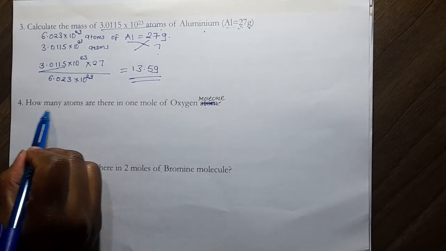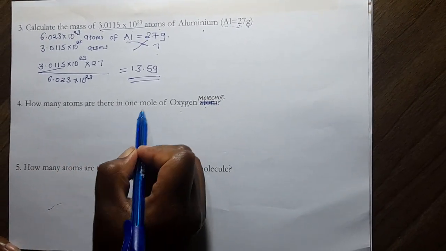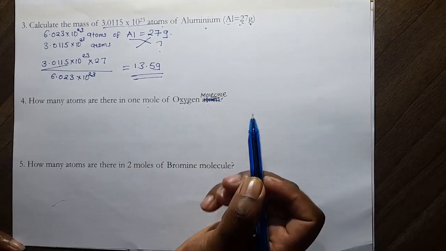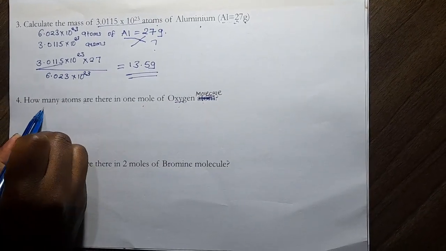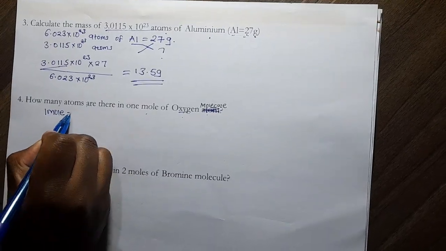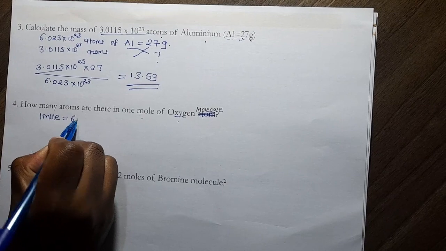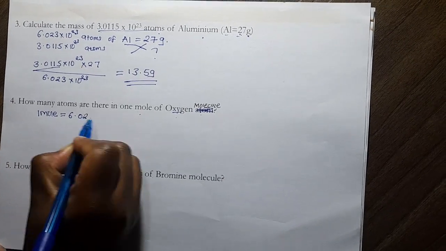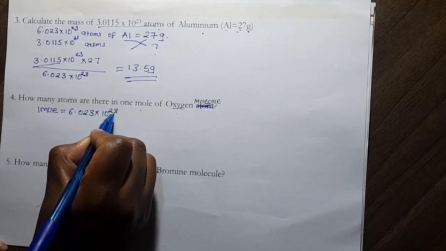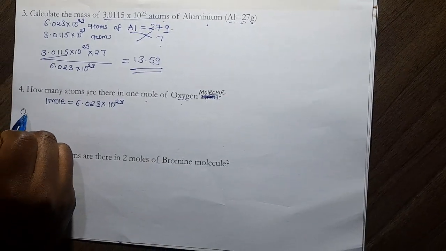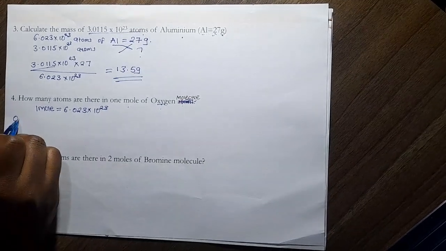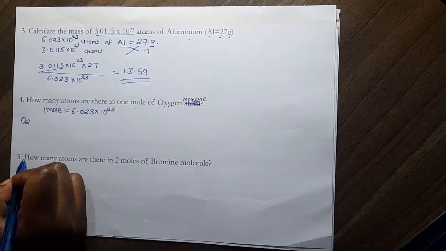Question number 4. How many atoms are there in 1 mole of oxygen molecule? So 1 mole of oxygen atom has 6.023 times 10 raised to the power 23. So this is oxygen atom. But for oxygen molecule, we have 2 oxygen atoms.